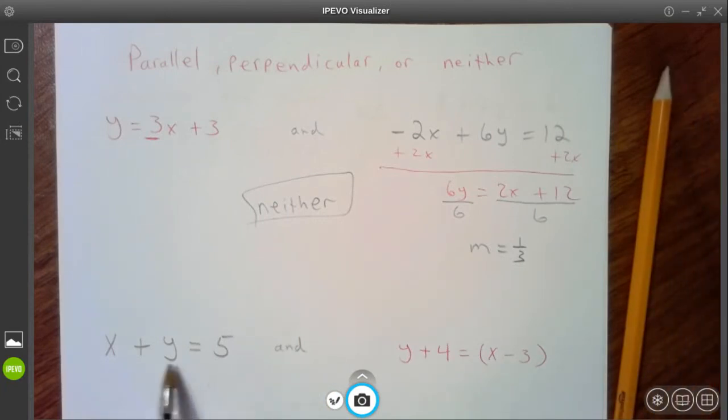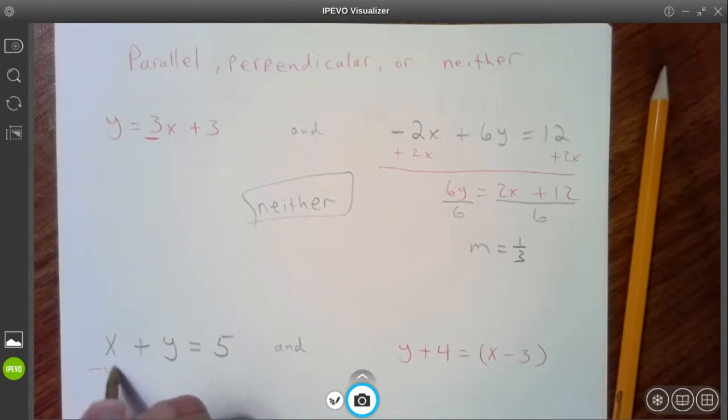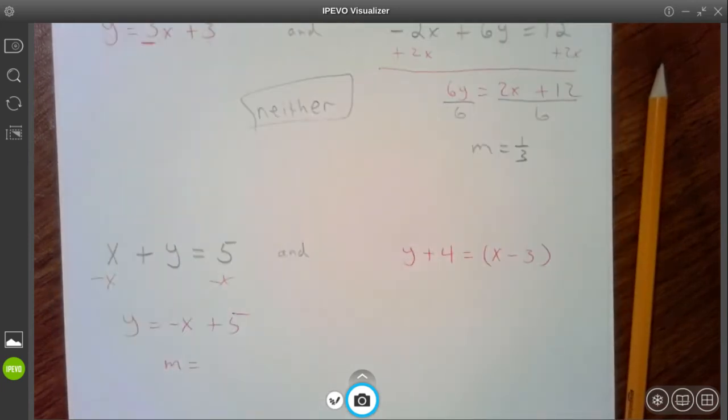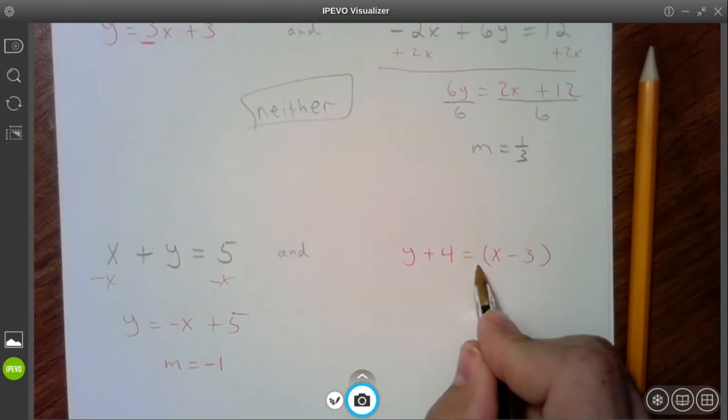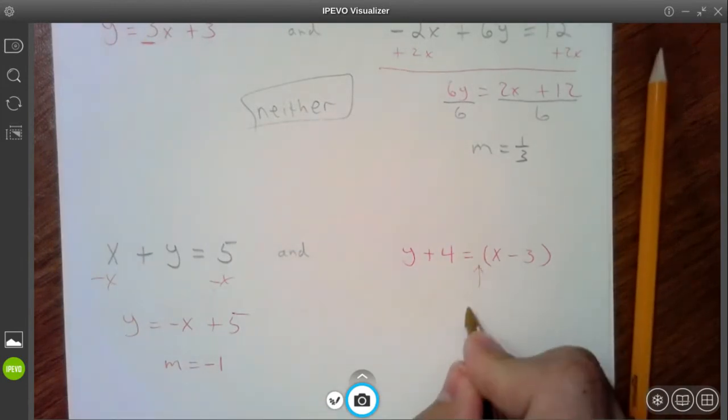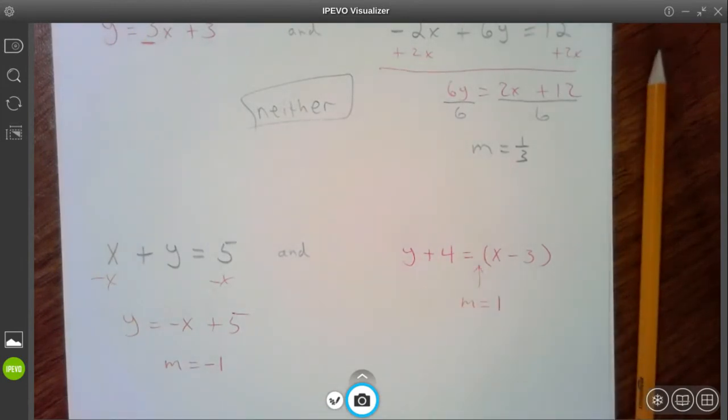All right, this one, again, it's in standard form, so I just got to move over my x. So minus x from both sides, and I'm going to get y equals negative x plus 5. So my slope is negative 1, that number attached to the x. And over here, this one's in point slope form, so there's my slope, right there. It's an implied 1.